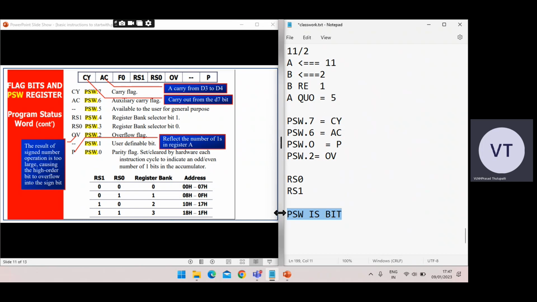The default register bank is register bank 0. Now you want to use the 8 registers in register bank 3. So how to switch from register bank 0 to register bank 3, that we see.